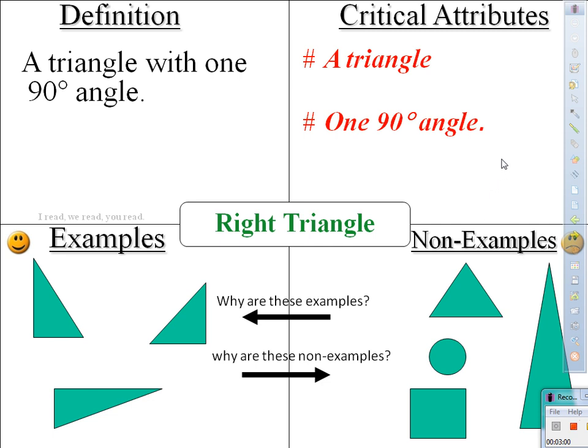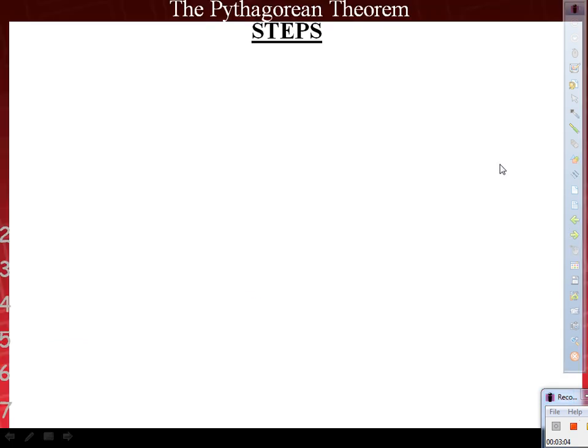All right. Now, do we need the steps? No, we already know the 4 steps that we've been using to solve for missing sides of the right triangle. So you can remember the 4 steps without looking at your notes.